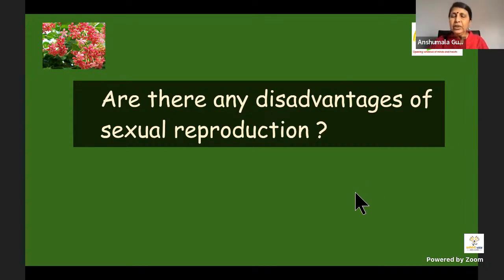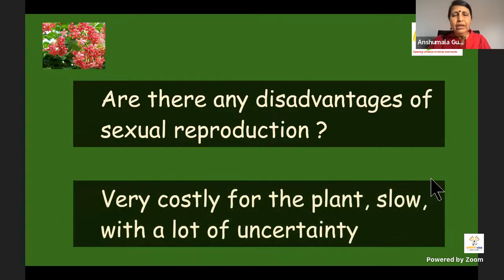And in comparison, asexual reproduction, where something grows by cutting, is so fast, immediate. I mean, not much extra to be put in. So anyhow, it's slow, and there's a lot of uncertainty. It's very costly for the plant, slow, and a lot of uncertainty.